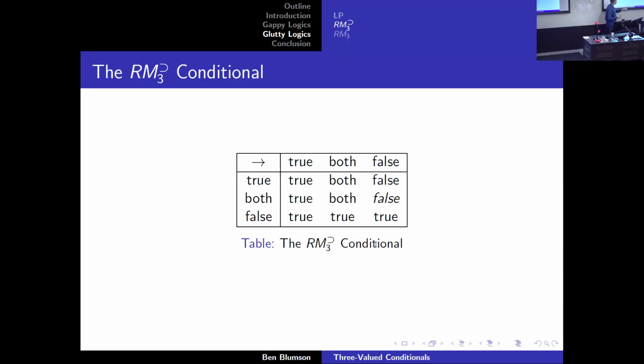Okay, so for the conditional to be false, you'd have to be here or here, and then the corresponding argument would have a premise which is true or both, and a conclusion which is false, but then it couldn't possibly be valid. So you can't possibly have a counterexample to conditional proof here.